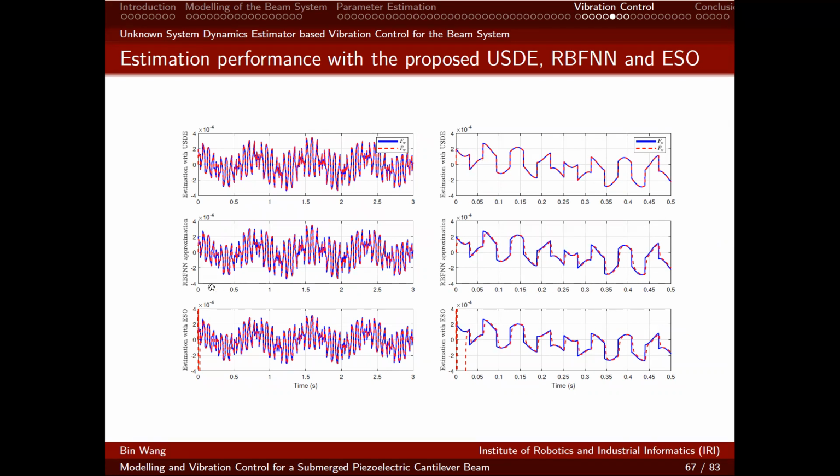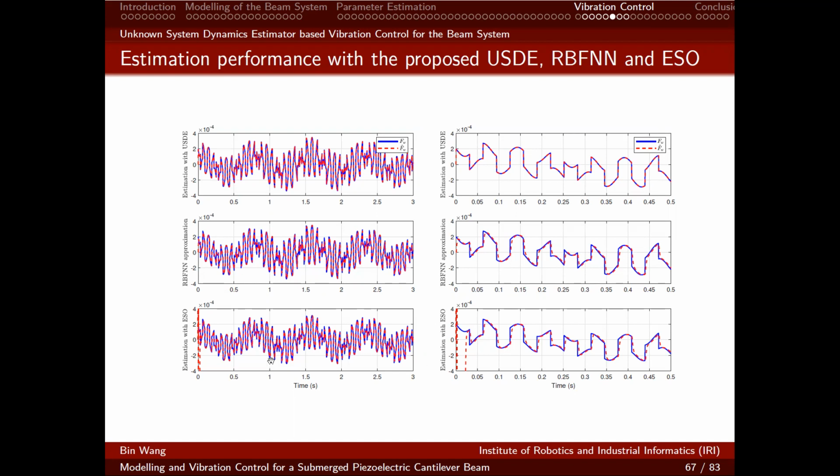And the second line is with the neural network. I chose 5 neural nodes to estimate the unknown dynamics. So it is not so accurate. For sure, by increasing the neural nodes, it will be more accurate, but the complexity will be increased.